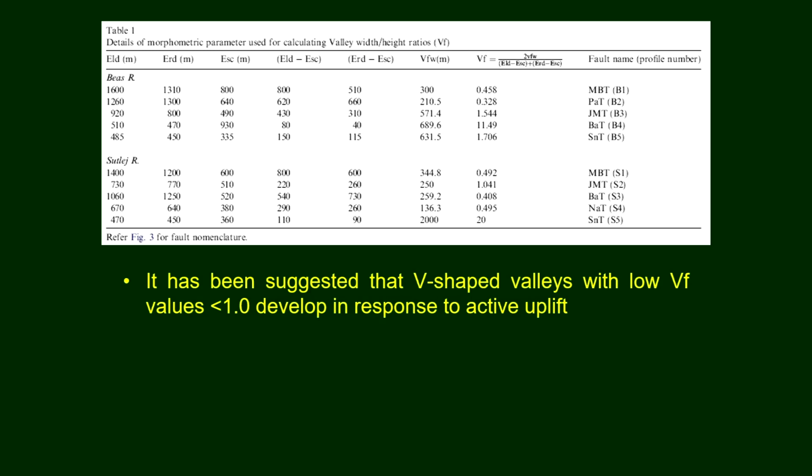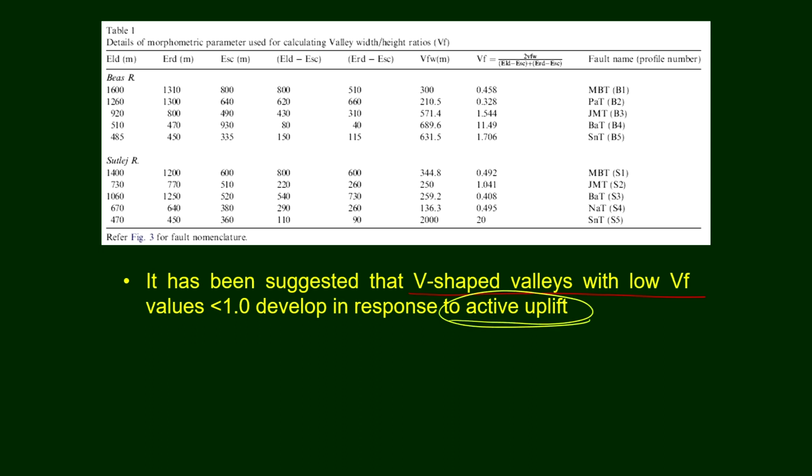It has been suggested that V-shaped valleys with low Vf values, less than 1, are in response to active uplift.